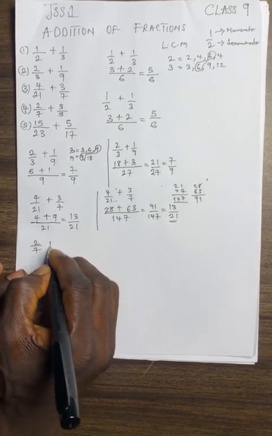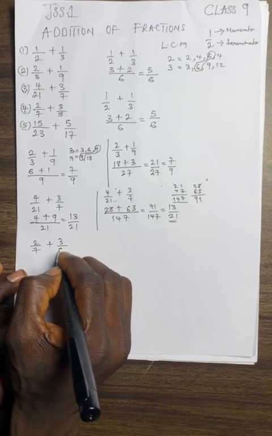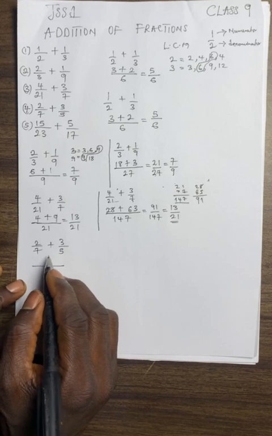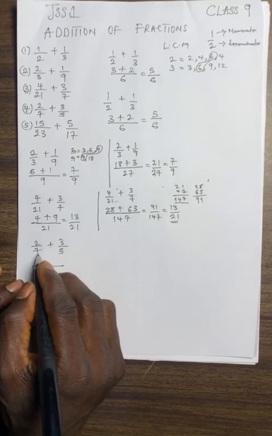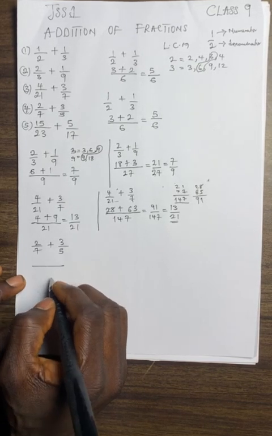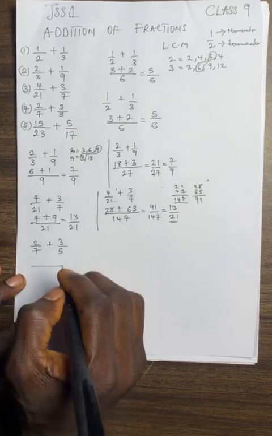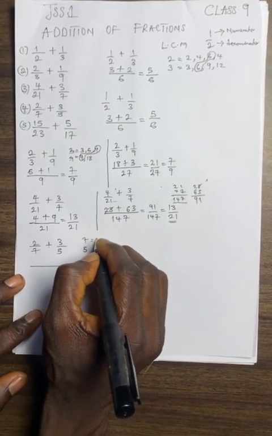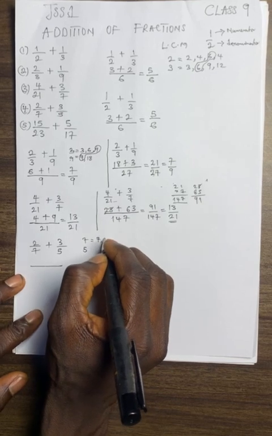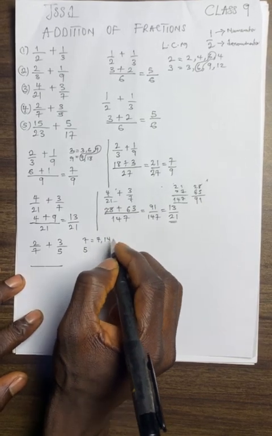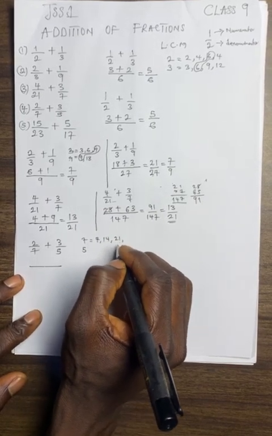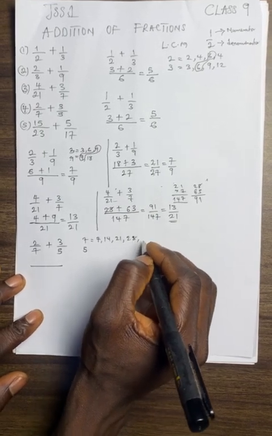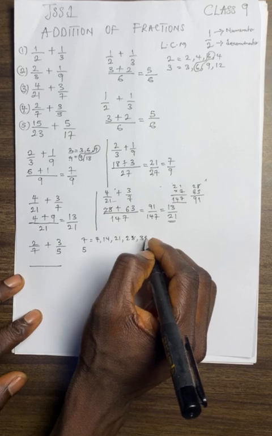2 over 7 plus 3 over 5. So you look for the lowest common factor of 7 and 5, which is 35. Let's do that. 7 times 1, 7. 7 times 2, 14. 7 times 3, 21. 7 times 4, 28. 7 times 5 is what? 35.